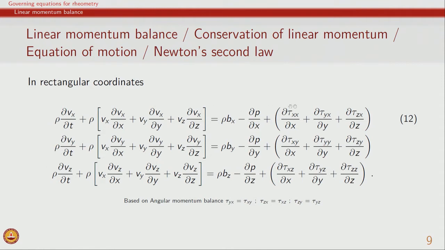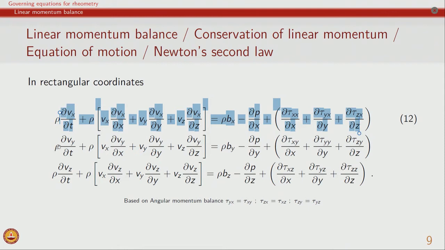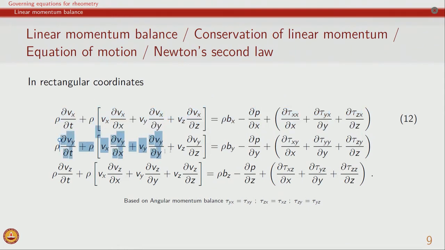The first component is the x component, so this is for flow in the x direction. The second component is related to flow in the y direction, so we can see that the velocity here is Vy. This is the rate of change of velocity in the y direction, or acceleration in the y direction.